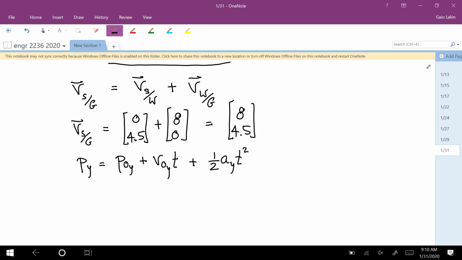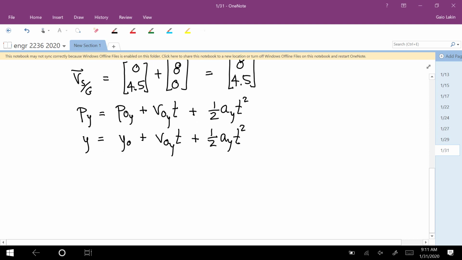Anybody recognize that form from Physics 1? You might also see it like this. Okay, well, acceleration is 0, so that goes away.